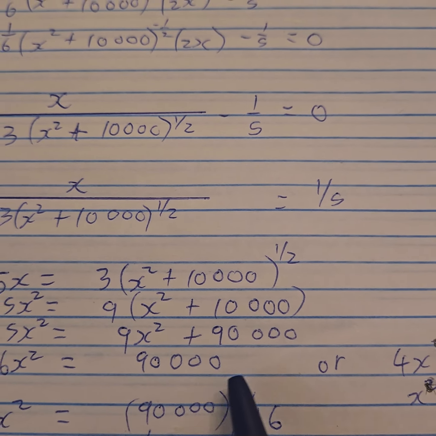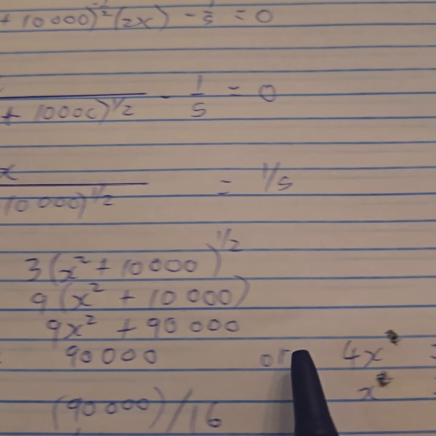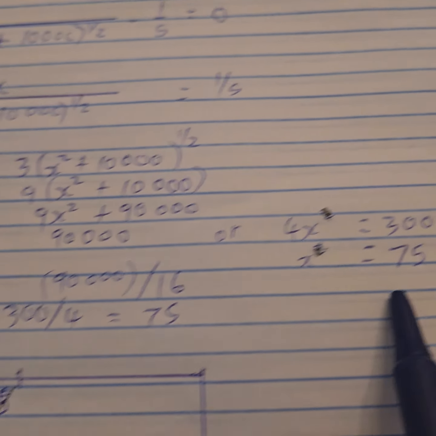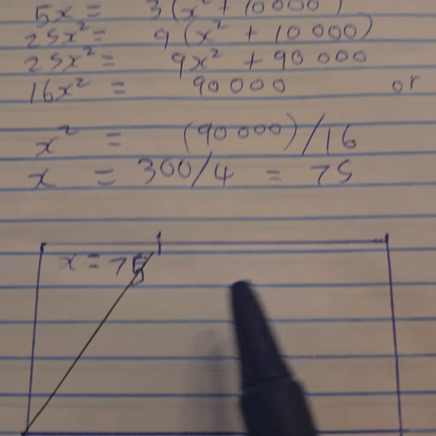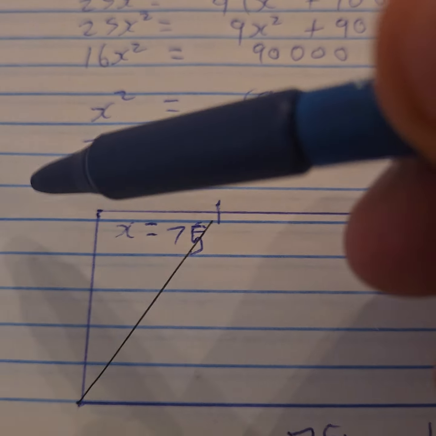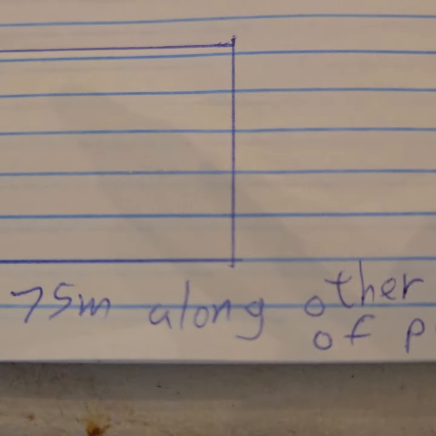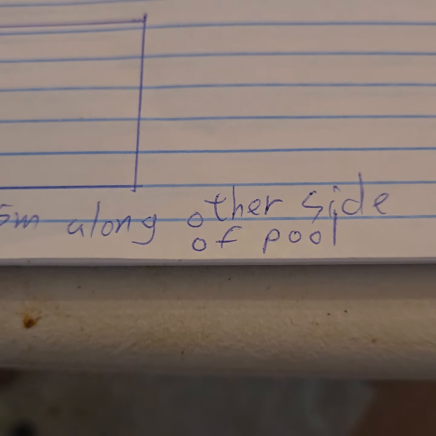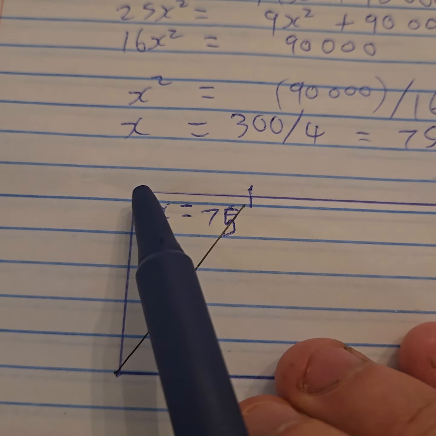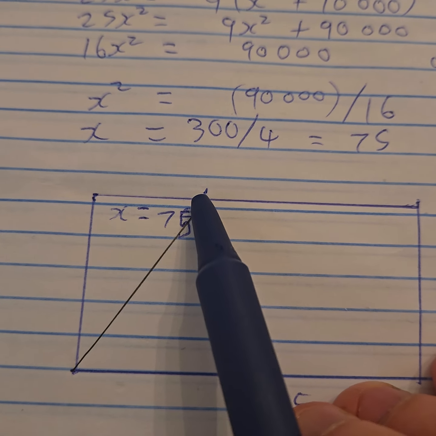And of course, the other option is I rooted each side. 4x equals 300, x equals 75. X is 75. That point up there is 75 meters along the other side of the pool. That's answered the question. From there to there, x is 75.